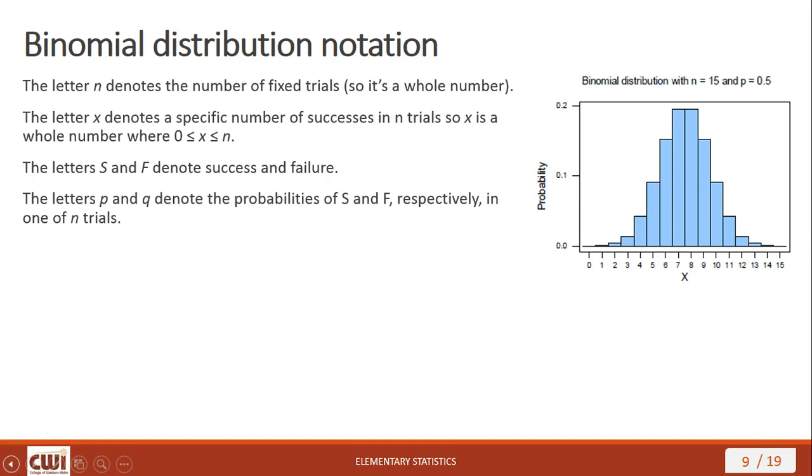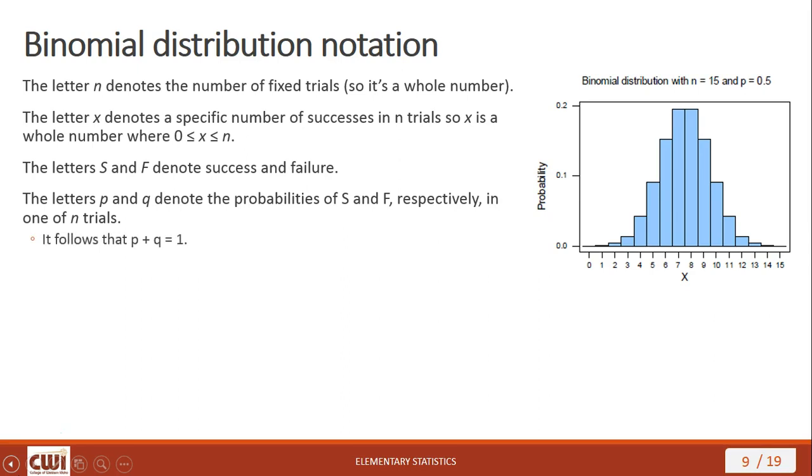So, typically, in a problem statement, you know what the probability of success is, based on how you define success. Well, then you also know what the probability of failure is, because think about it. Something is either a success or a failure. It's going to be categorized as one or the other, and therefore, success and failure are complements of each other. So if you know what the value of one is, just subtract it from one, and that gives you the value for the other.